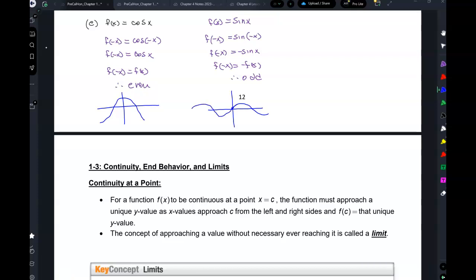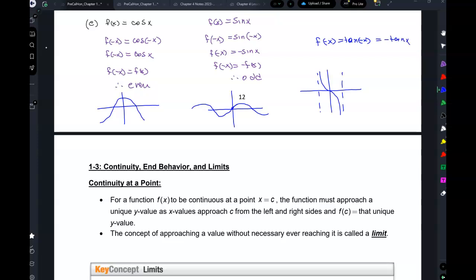Tangent is symmetric with respect to the origin, right? And f of negative x is tangent of negative x, which is negative tangent of x.